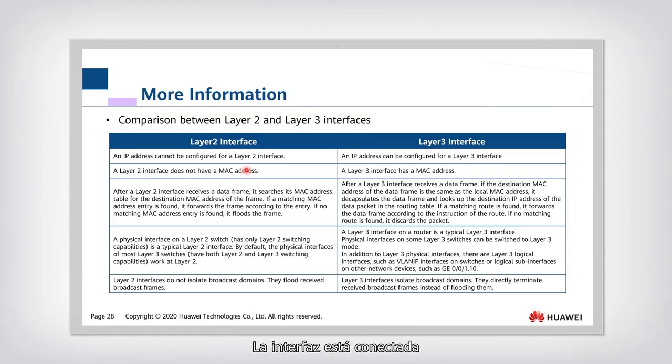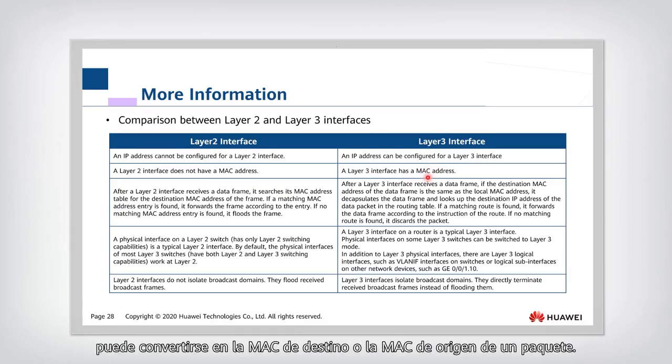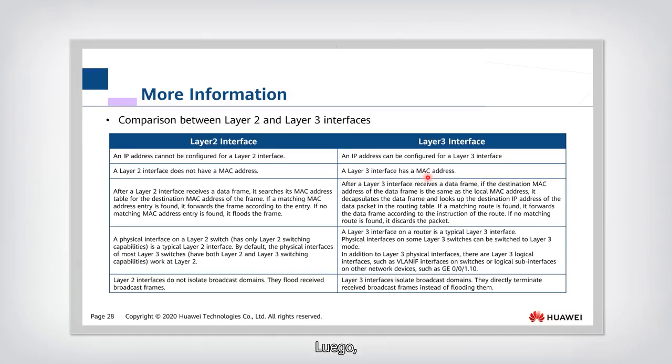So they just connect the interface with the PCs and routers, but the interface itself has no MAC address. But layer 3 interface itself will have a MAC address because this interface may become the destination MAC or source MAC of a packet. Okay.